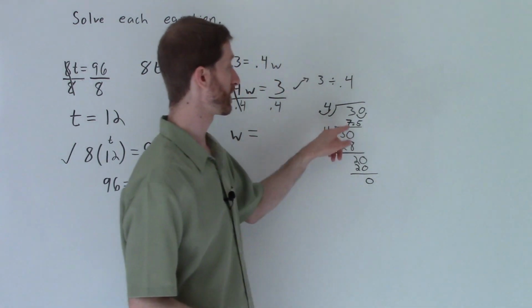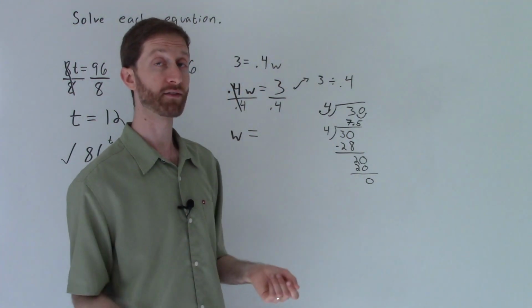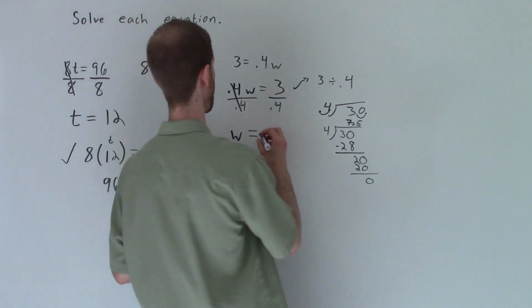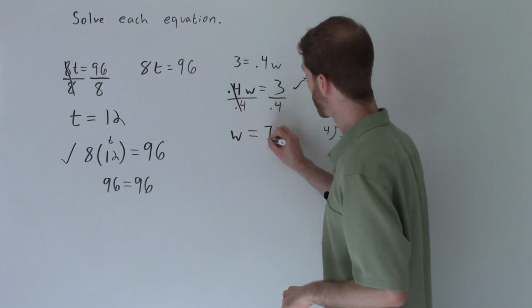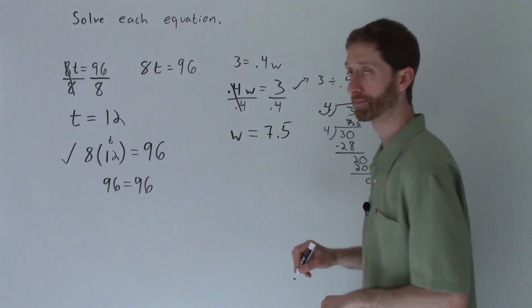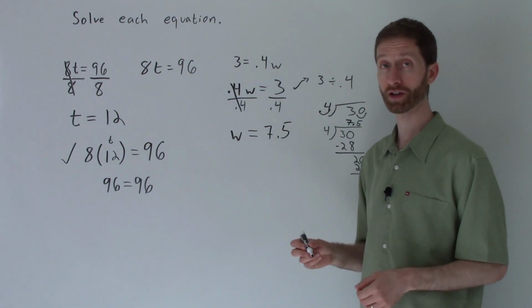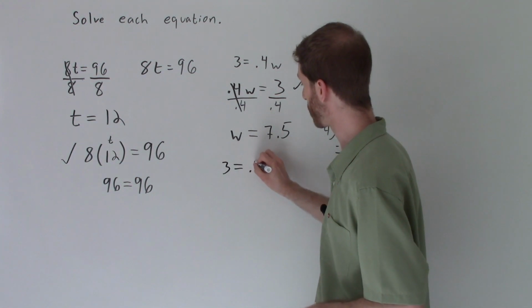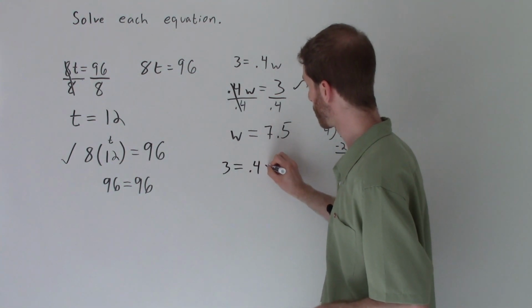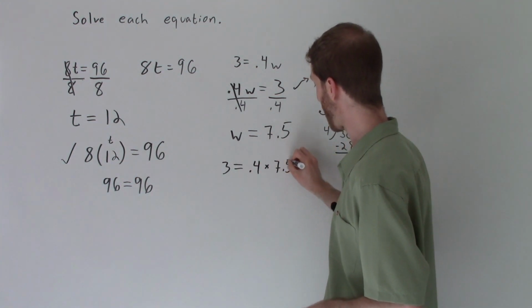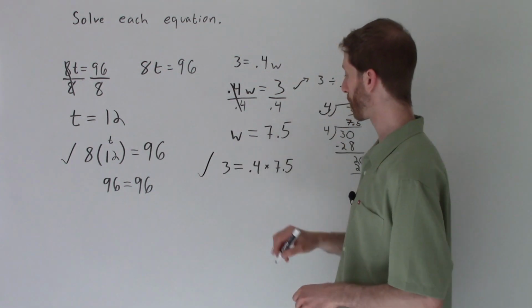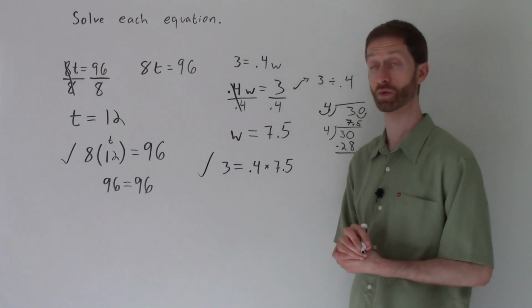And no remainder, so that means that 4 goes into 30 7.5 times, so 0.4 goes into 3 7.5 times. So our final answer: 7.5. And how do you check that work? Well, you would do 3, is it equal to 0.4 times 7.5? And we can work that out to see that 0.4 times 7.5 is indeed equal to 3.